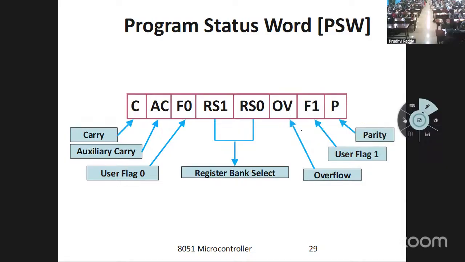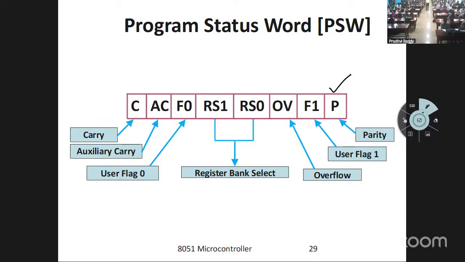Okay, now you can see the program status word, PSW. Now this one is the parity bit. What is the parity bit? What is the use of the parity bit? Number of ones. After performing any arithmetic or logical operation, we are getting the result.